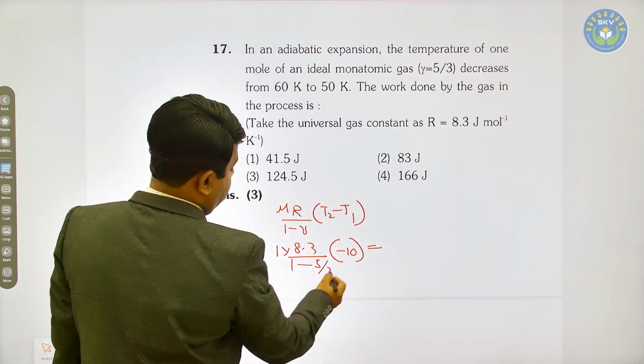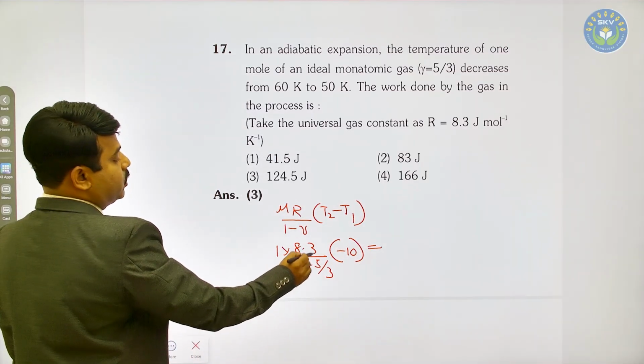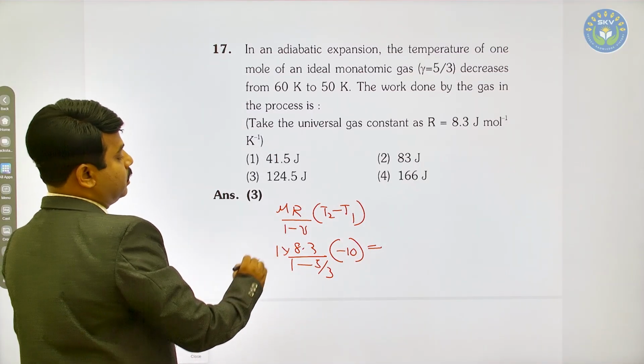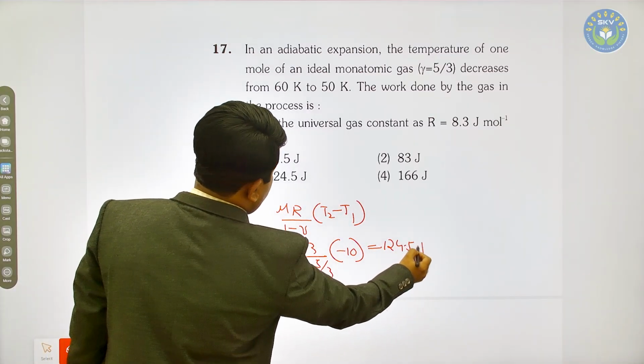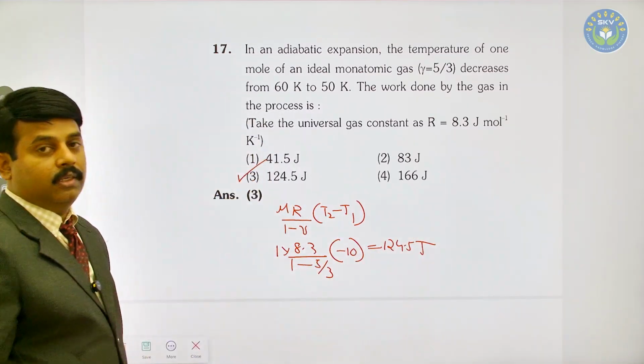Here also 3 minus 5, minus 2 by 3. Then you get the answer as 124.5 joule. Then option 3 is correct.